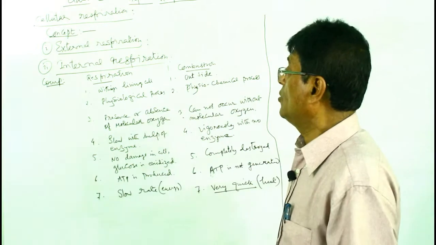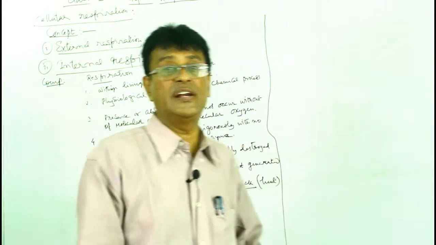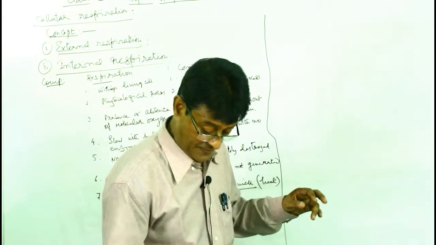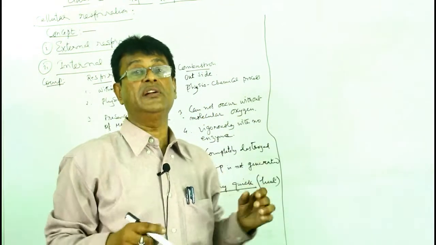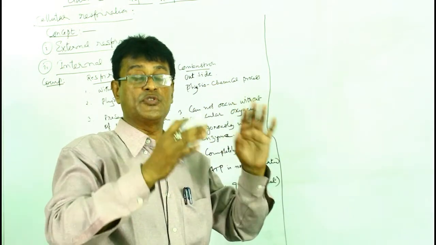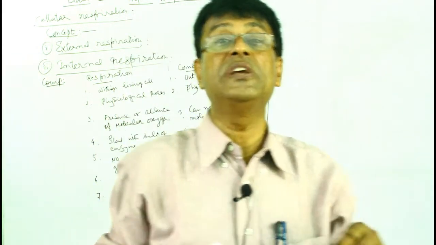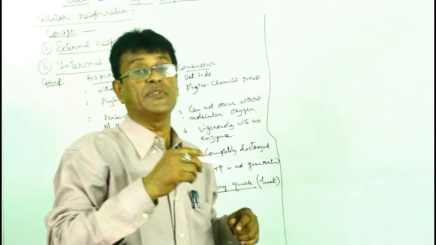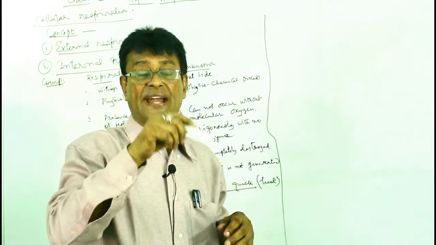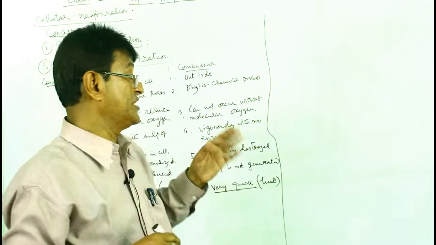That is internal respiration, where glucose is formed and then glucose is broken down into energy, that is ATP, adenosine triphosphate. Now there is a magic in the mitochondria.